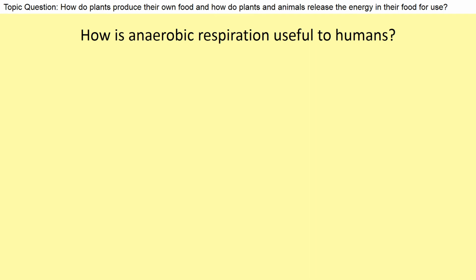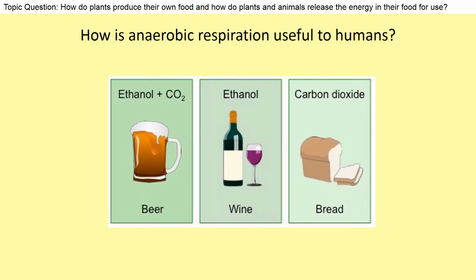So we are aware that humans will respire anaerobically if they don't have enough oxygen when they're exercising, and obviously that's really important because that keeps them alive and able to transfer energy even when oxygen isn't available. But it's also useful to us when other organisms respire anaerobically, and that's because we can use the products of that.